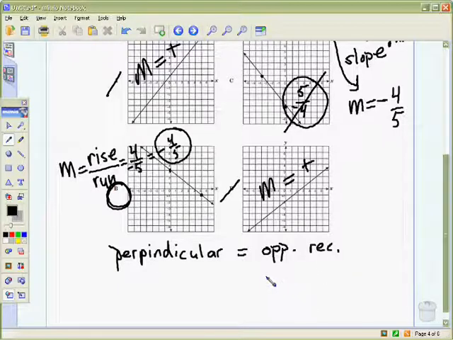Which means that if my original line, if my slope was 1 over 2, then the opposite reciprocal would be negative 2 over 1. Opposite meaning I changed my sign. Here it was a positive. Now the opposite is negative. Reciprocal means to flip the fraction. So my opposite reciprocal of 1/2 would be negative 2.